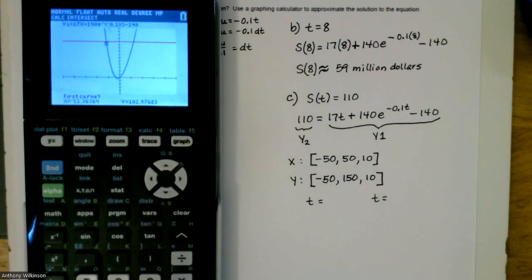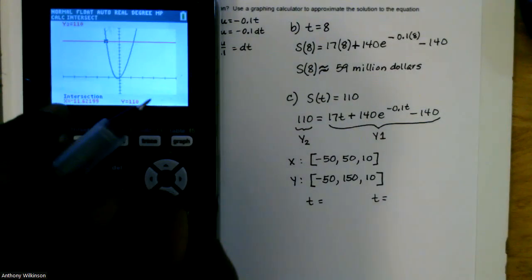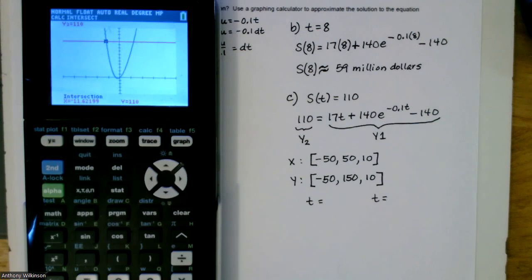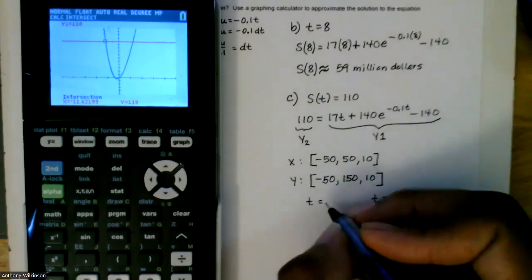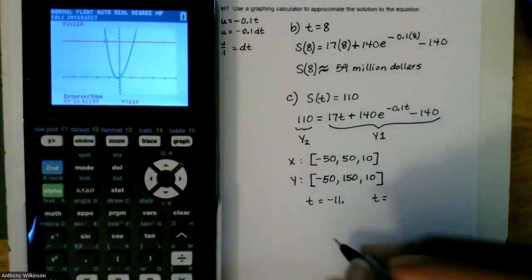And then after that, I'm going to press enter 3 times. 1, then 2, then 3. That will tell me the point of intersection here and the x value and the y value. We're only dealing with the x value, but in this case, we're dealing with t here. Here, our x is going to be negative 11.62, I believe. Yeah.